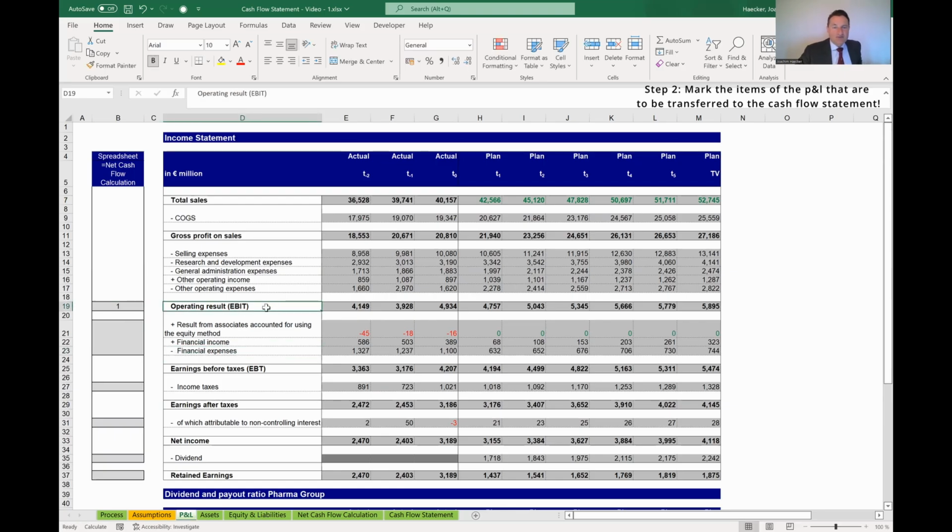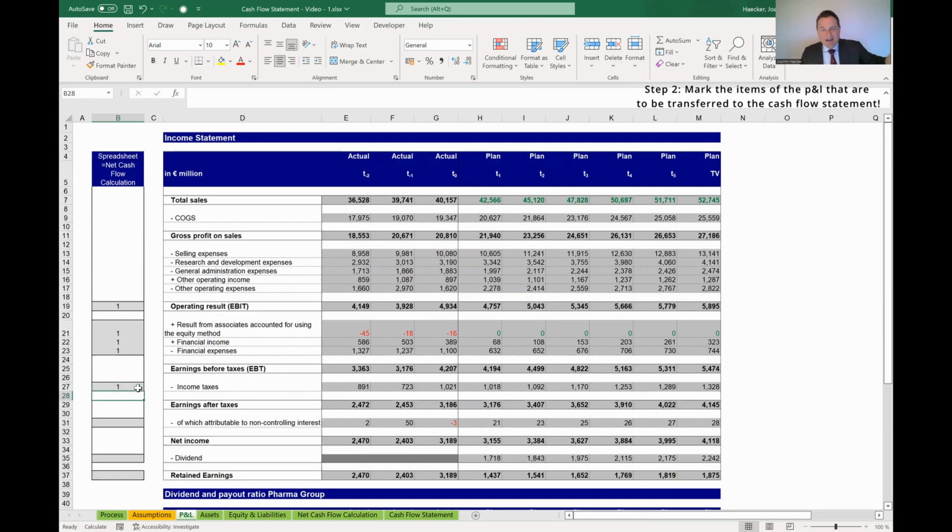Between earnings before interest and taxes and earnings before taxes are mainly 3 positions: the results from associates, which you accounted for using the equity method, the financial income and the financial expenses. The income will be added, the expenses will be subtracted. That leads to our earnings before taxes. Then we pay taxes.